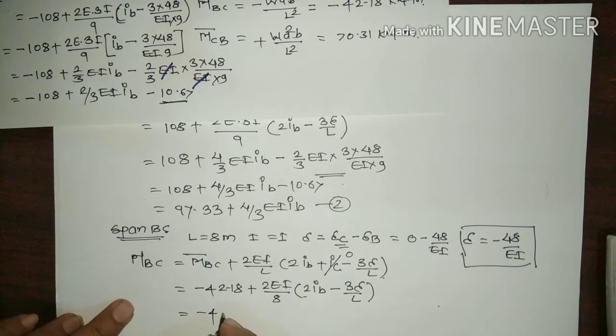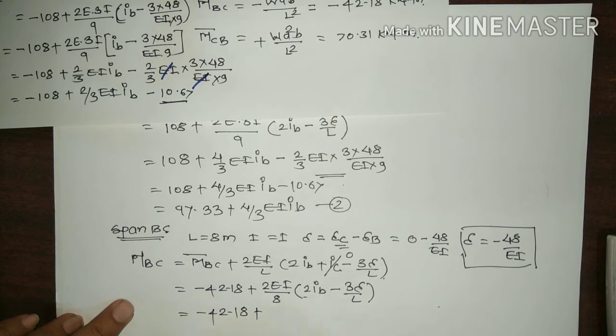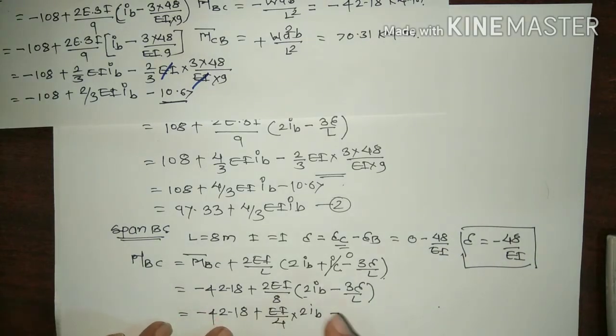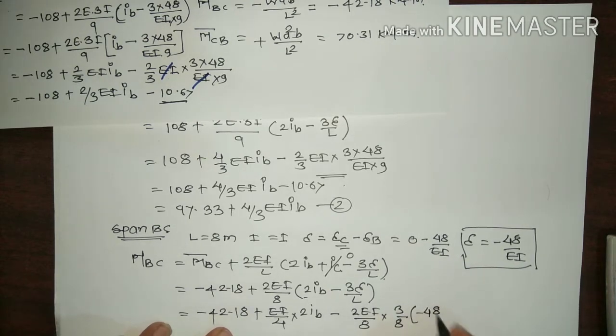Then minus 42.18 plus here EI by 4 into twice θB minus, now what here? Put here value 2 EI by 8 into 3 by length is 8 meter, delta is minus 48 by EI.